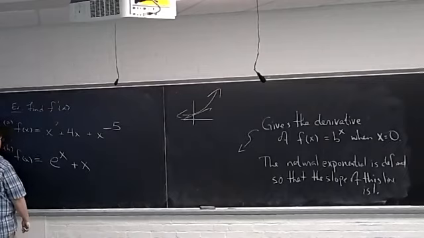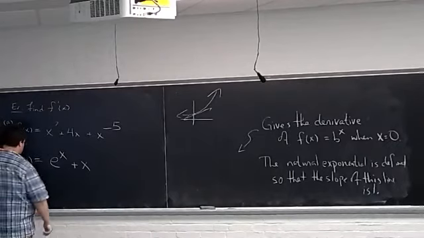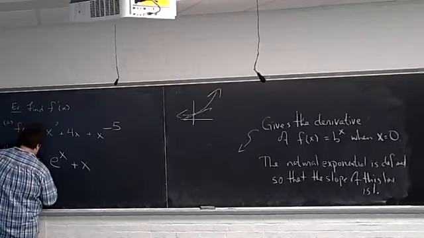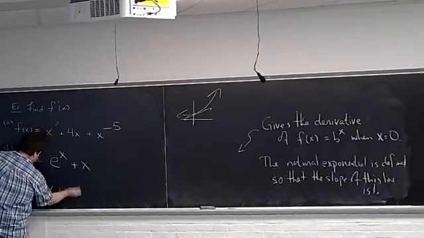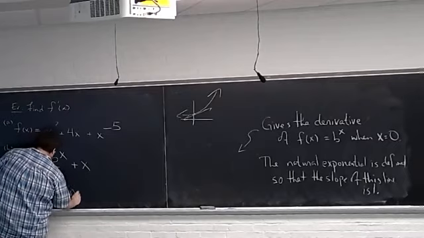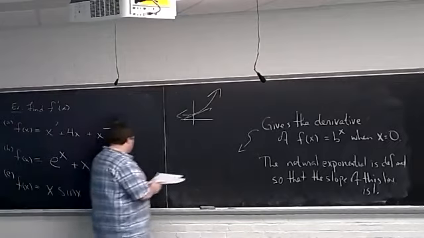Let's throw some negatives in here. Well, let's do a product next. x sine of x, we did cosine. Let's start with these three and then we'll do a couple more.